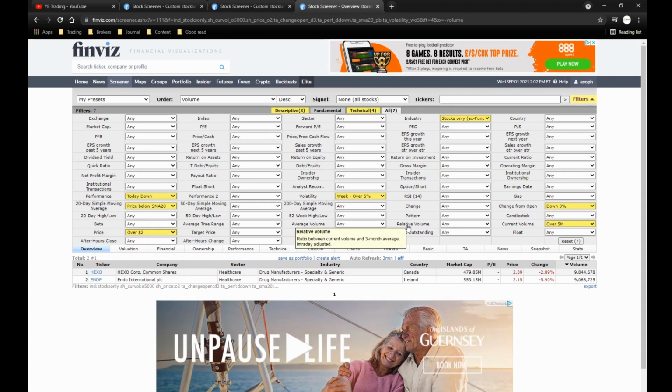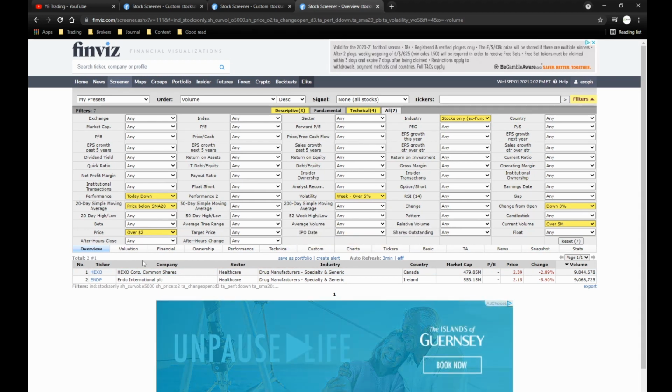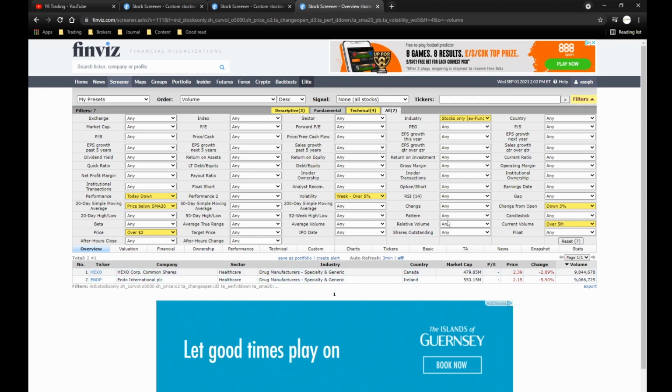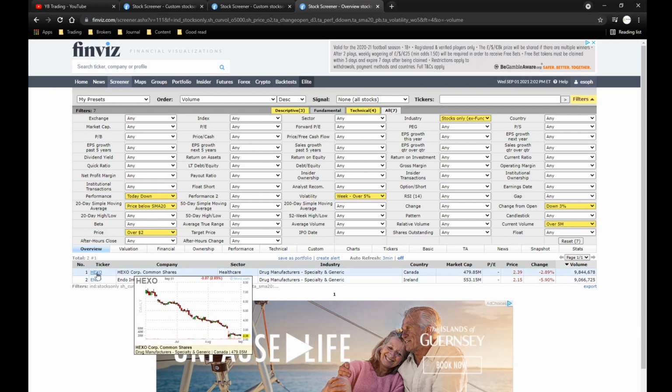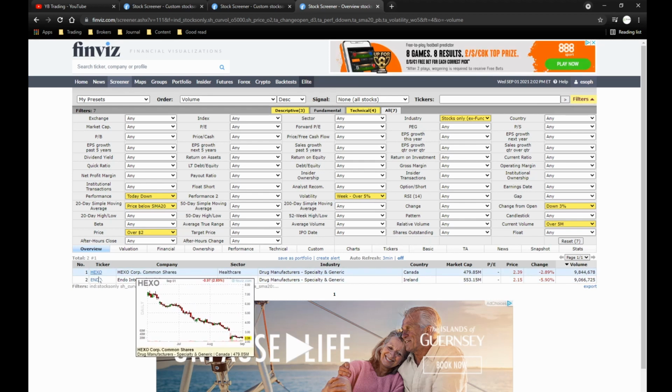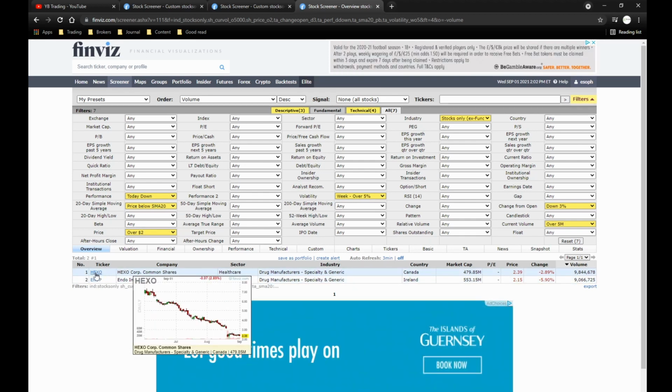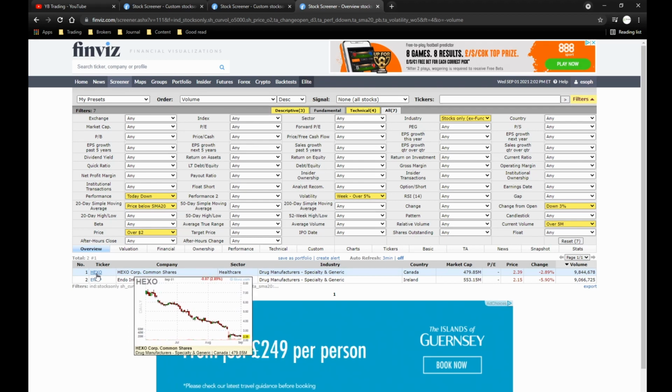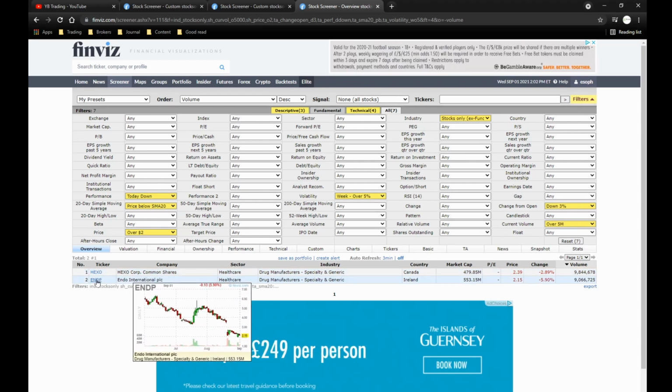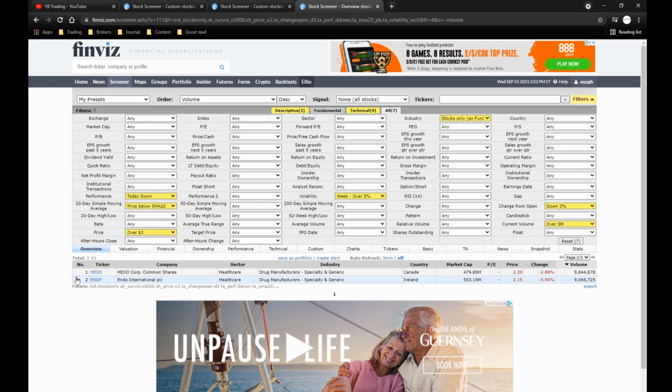Because there's not much of a huge volume based stocks that were going down, that's why it didn't find anything. But since we changed relative volume to any, it brought us 2 stocks, Hexo and ENDP. As you can see, guys, Hexo quite weak, and ENDP as well quite weak, right?